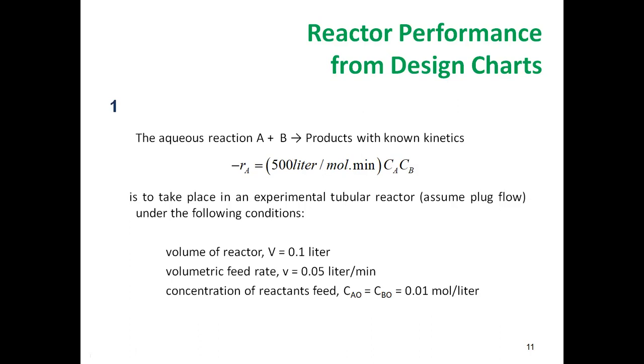Assume plug flow under the conditions that the volume of the reactor is 0.1 liter and the volumetric feed rate is 0.05 liter per minute, with the concentration of the feed given here, both the same for A and B, which is equal to 0.01 mole per liter.